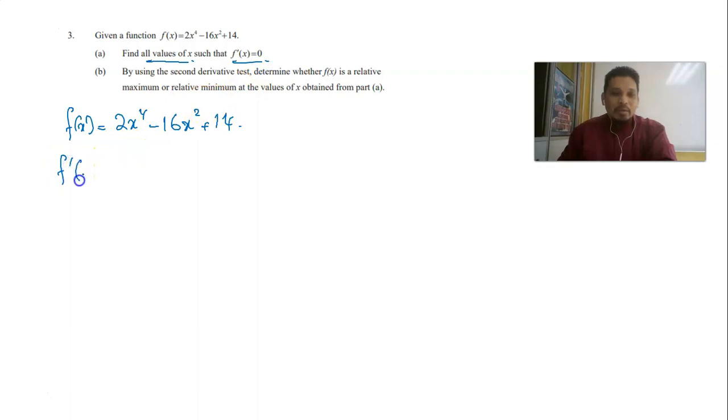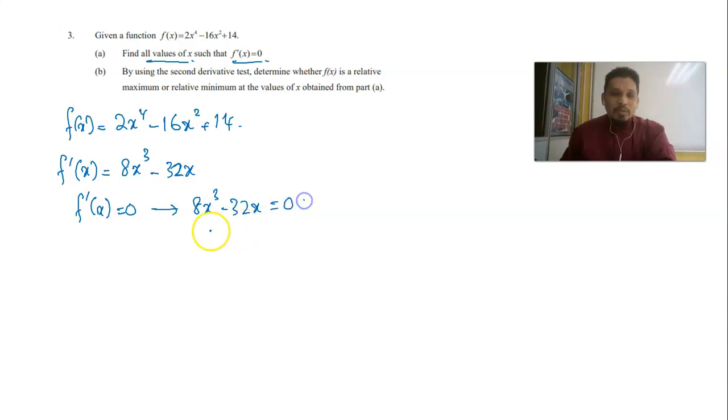Meaning we are going to differentiate this. f prime x equal to 4 times 2, 8x cubed, 4 minus 1, minus 2 times 16, 32x, and differentiate 14 equal to 0. So make f prime x equal to 0. When f prime x equal to 0, it is 8x cubed minus 32x equal to 0.